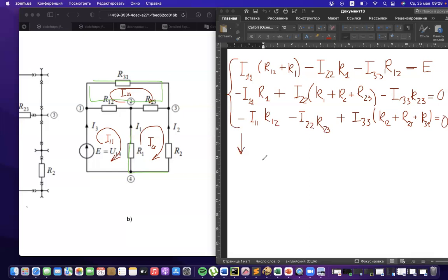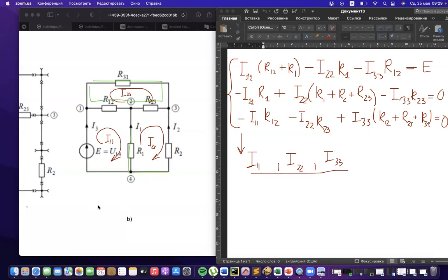And after the solution of this system, you should obtain the values of currents I1, I2, and I3. You will get these currents.